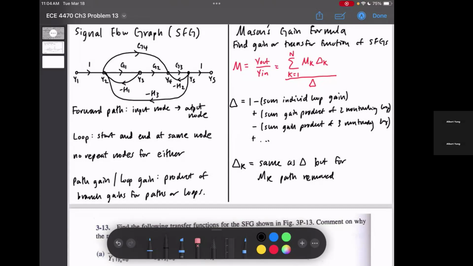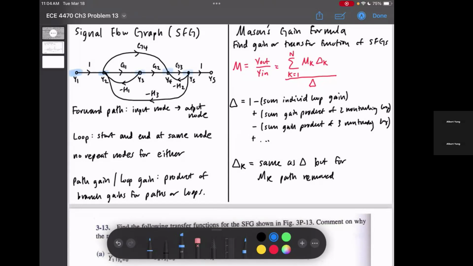So here I have an example on the left of a signal flow graph, and the little circles that you see, like these ones, those are called nodes, and they represent the different variables you would have in the corresponding block diagram.